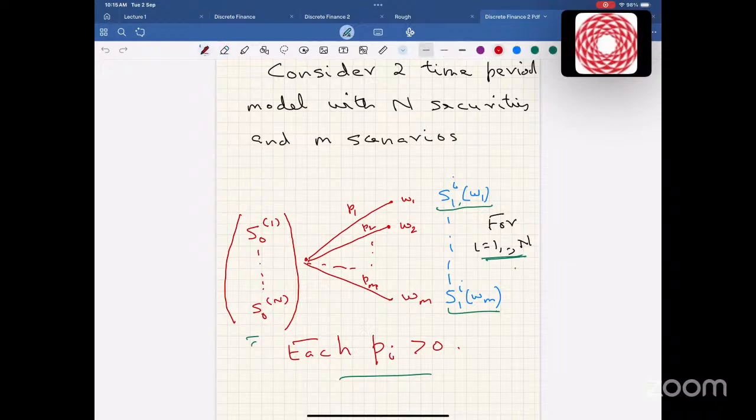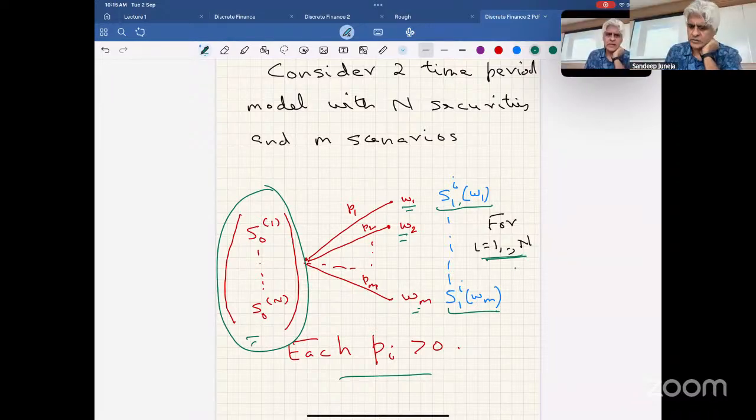All right, so now we have n securities right here. That's the initial values L01 to L0n. We have m scenarios, omega 1 to omega m, and each of these n securities has different values on these m scenarios.